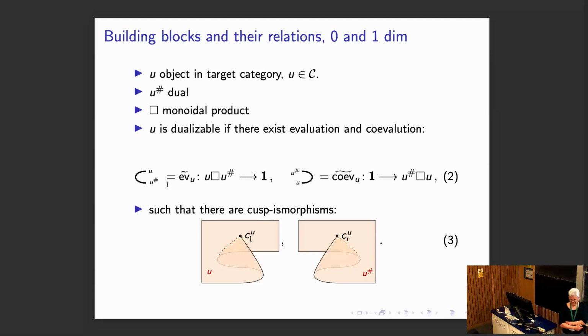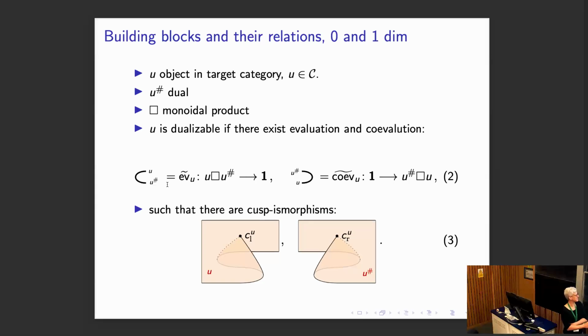And then such that, again, you can pull these snake lines straight, so that in this case, it means that there needs to be an isomorphism. So the geometric picture I have at the bottom is this snake line that comes about if I combine evaluations and co-evaluations, and then it needs to be isomorphic to this thing at the top.